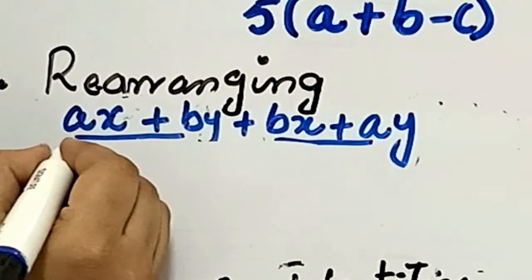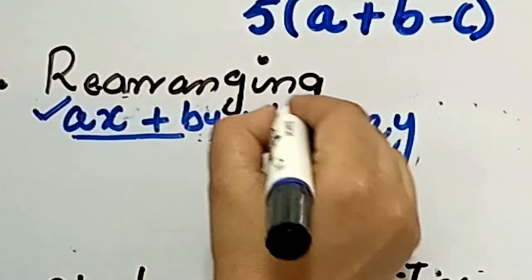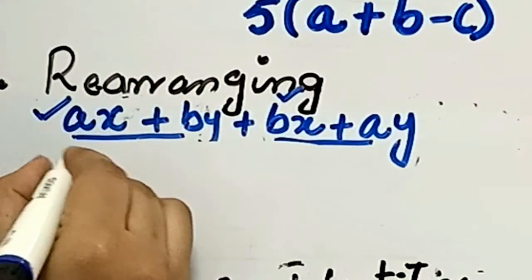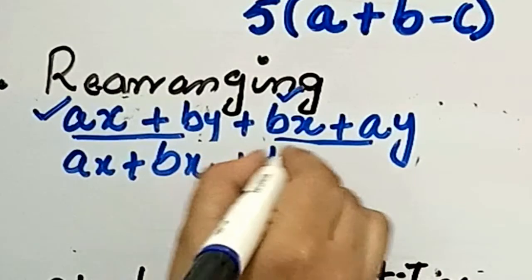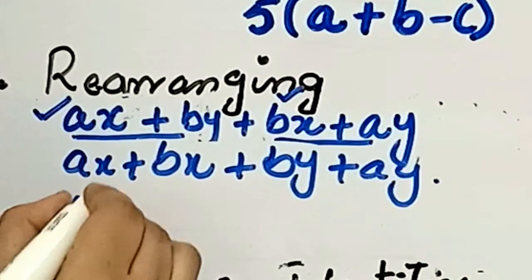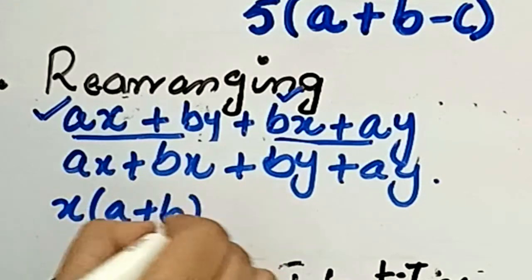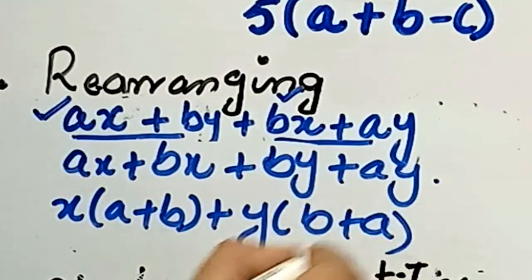So here if I am going to combine this with this, it will be ax plus bx plus by plus ay. Here I can take x common, a plus b will be remaining, plus y will be common, b plus a will be remaining.